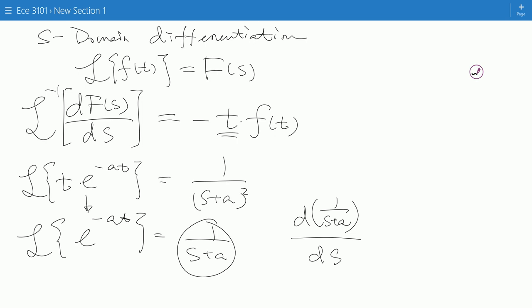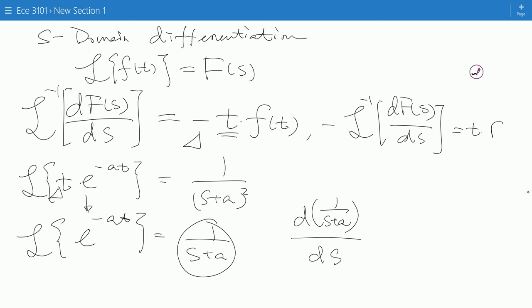And since we have a negative sign on this side, but we don't have a negative sign here, what we can do is, let's apply this negative sign on both sides of this property. Okay, like this. In other words, we want to take the derivative, we'll take the negative sign in front of it. And let's see if these two are equal or not.